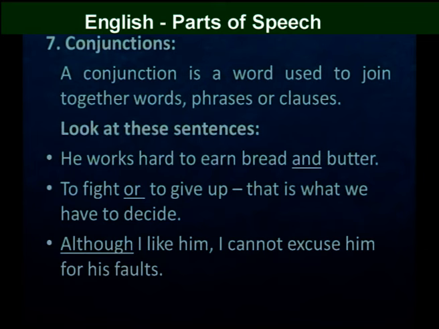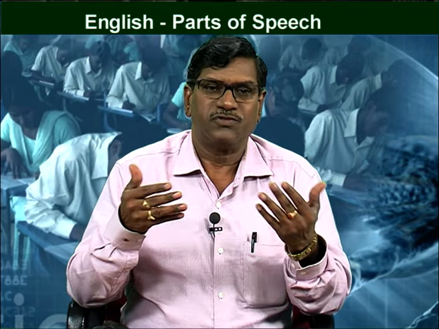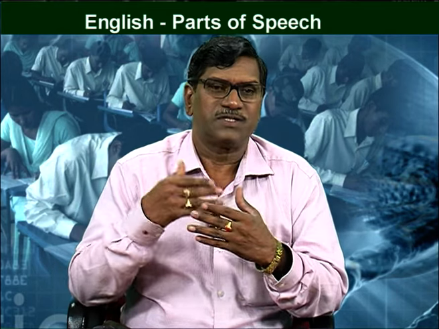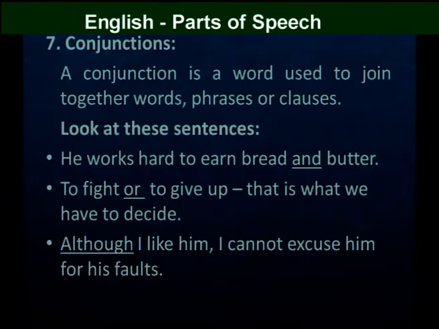So, a conjunction may join together two words or two phrases or clauses. That is our definition. What is a conjunction? It is a word used to join together words, phrases and clauses. So, that is what a conjunction is.